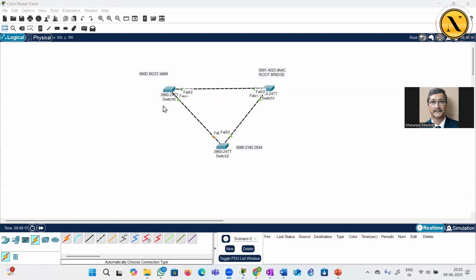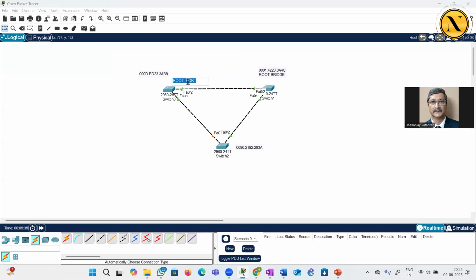So if you want to go through me to the root bridge, obviously he will say, okay, you reach in 19. Between you and me, there's one more Fast Ethernet link, so another 19. So 19 plus 19 like this, and only 19 like this. So which is going to be my root port? This one, obviously, the top one. For this switch, this will be the root port.